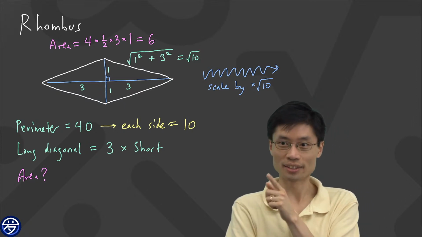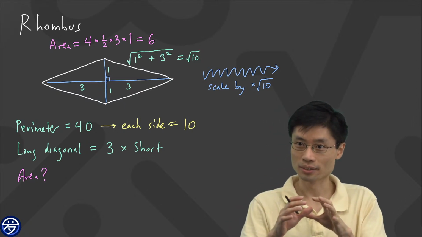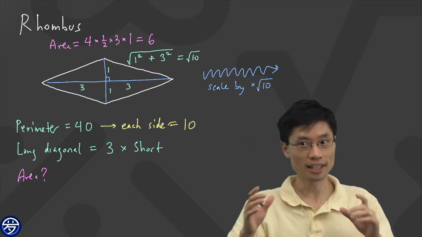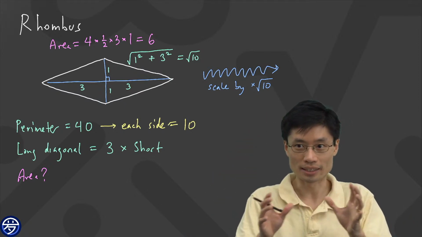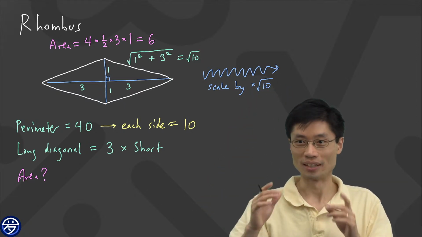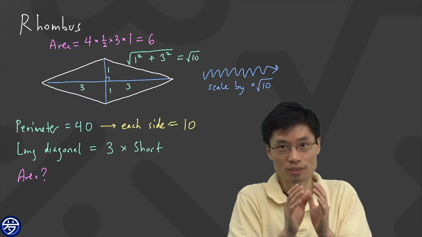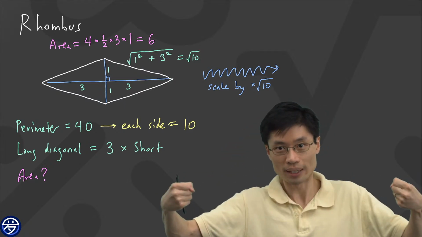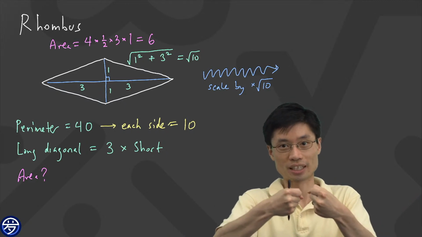What happens to the area? If you scale something in both dimensions, then the area multiplies by that scale factor, and it multiplies by that scale factor again. The way that it always works is that you always have to multiply and then multiply again. If all I did was scale it this way, then of course I should just multiply by the scale factor once.